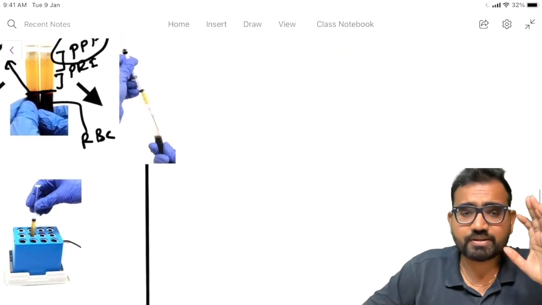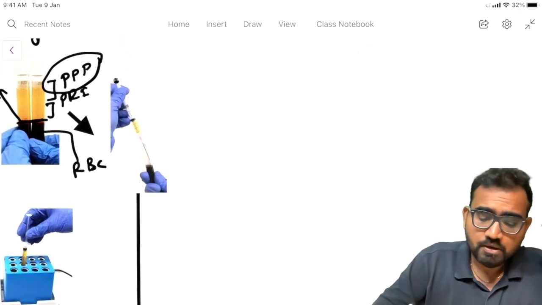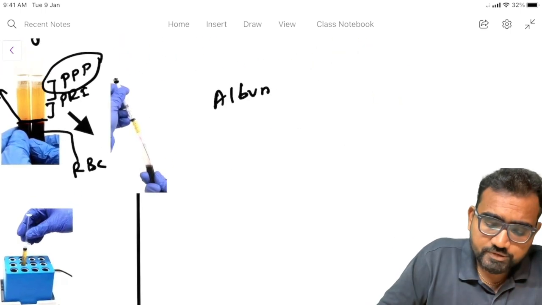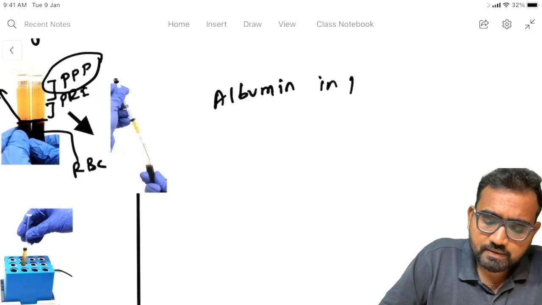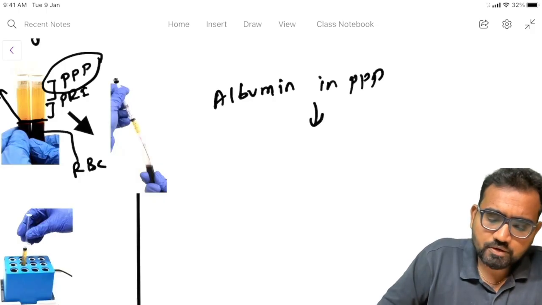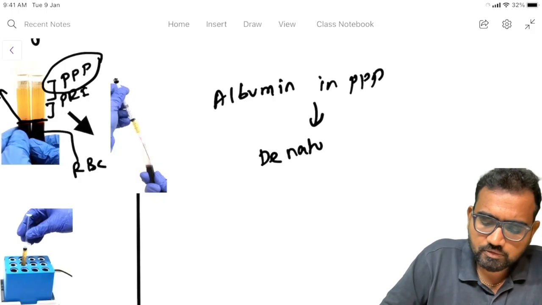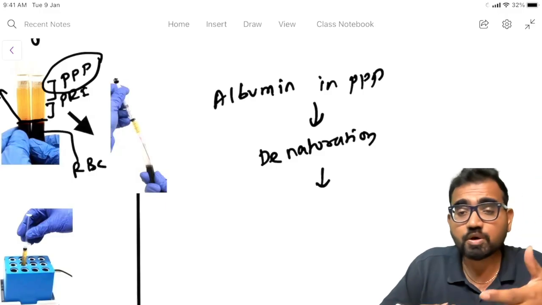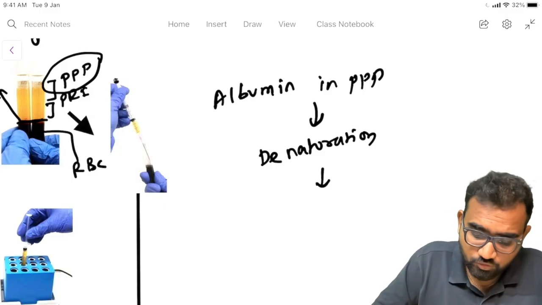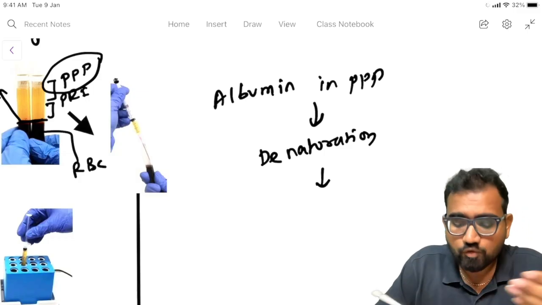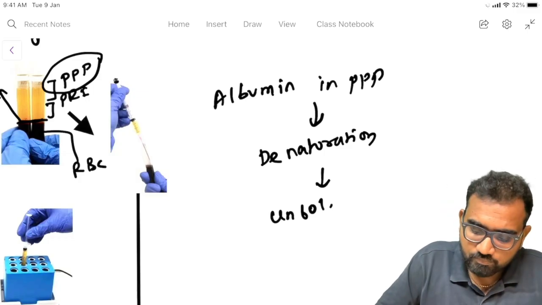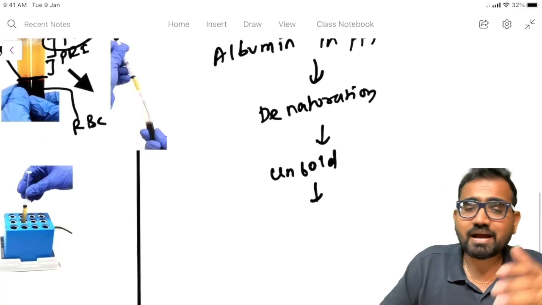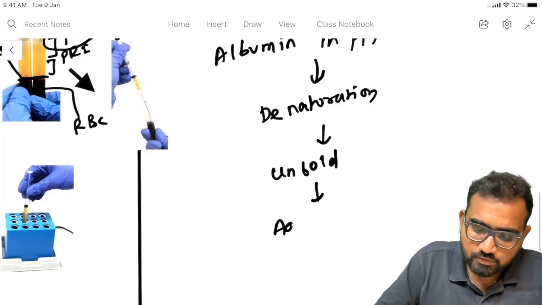What happens during this heating process is that the albumin which is present in the PPP will undergo denaturation, that is, it will change its structure without breaking the peptide bonds. So they unfold and aggregate to form a gel.